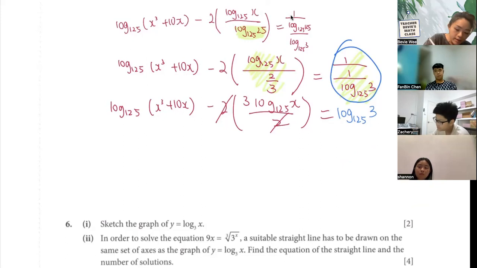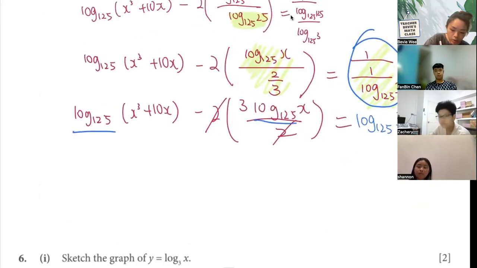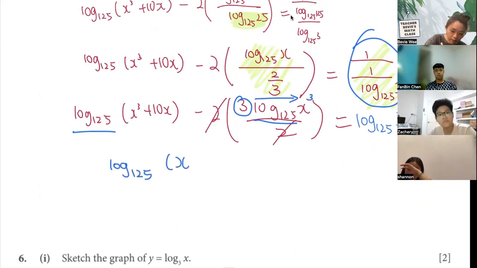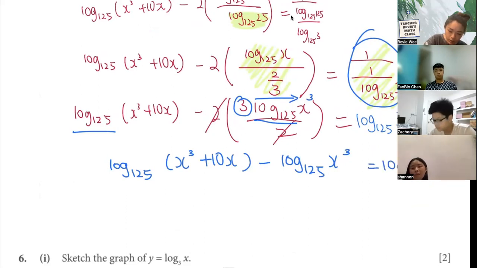Okay, from here, you see, your log 125 and log 125 is the same base already, right? All you need to do is power law up. So yeah, I rewrite this: log 125 of x cubed plus 10x minus log 125 of x cubed equals log 125 of 3.